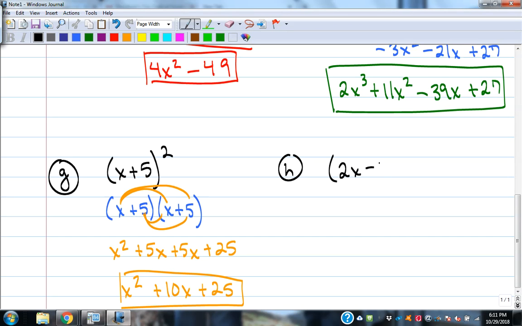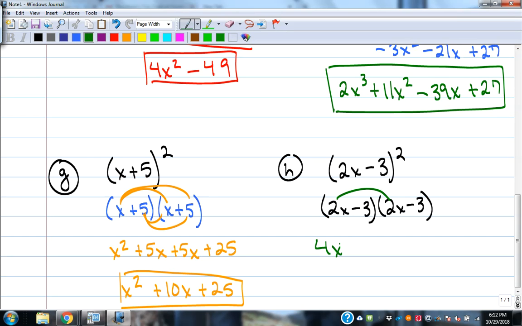It's 2x minus 3 squared. So we got 2x minus 3 times 2x minus 3. So just multiply it times itself. Do the distributive property.